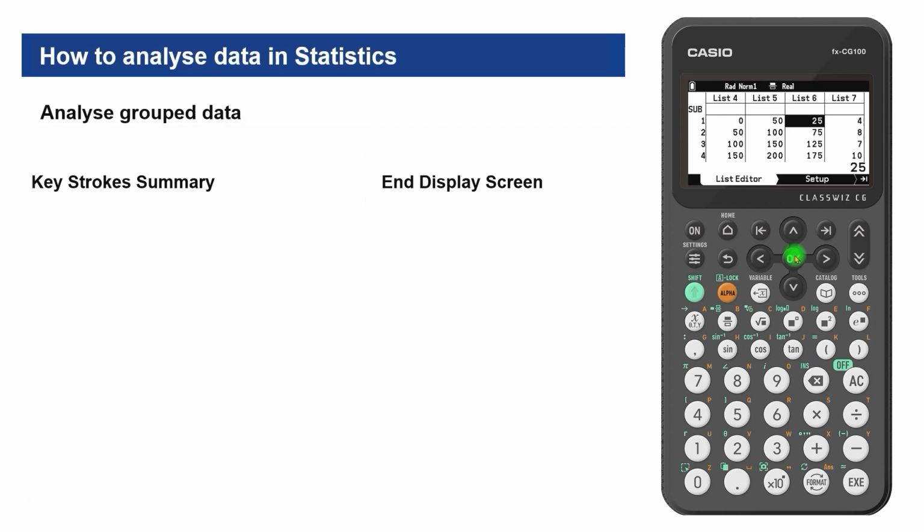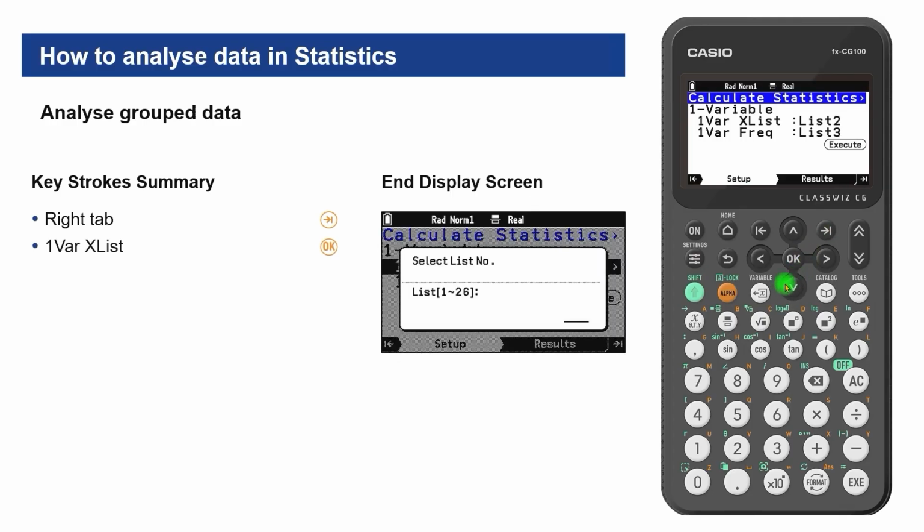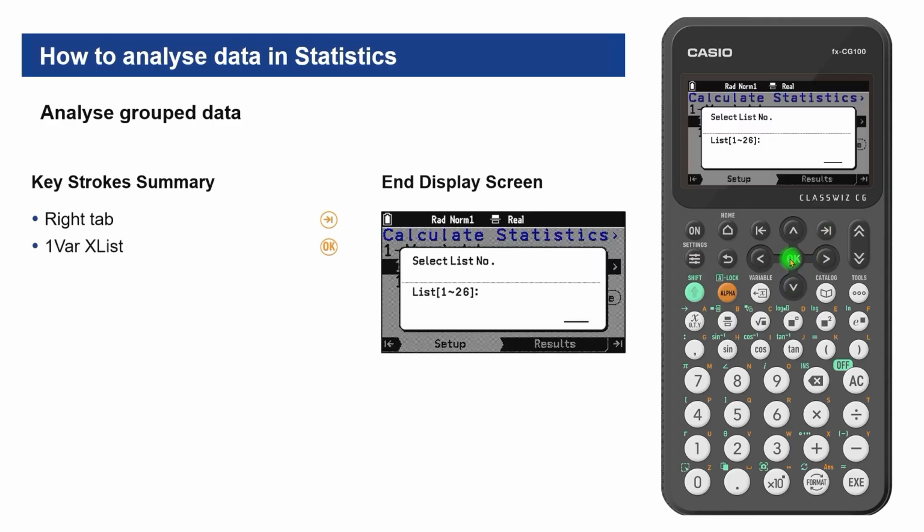As the mid-class values have been found, a calculation similar to the previous frequency data can be made. Right tab to set up again and select one variable XList. Enter the list number for the values just calculated.